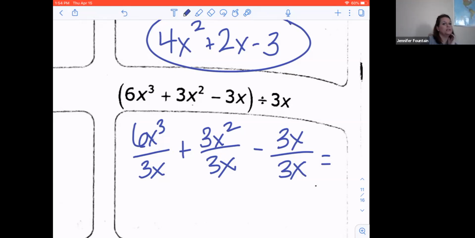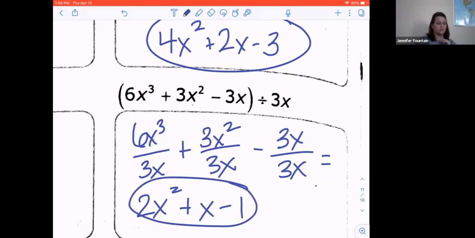All right, so what do you find 6x cubed divided by 3x is? 6 divided by 3 is 2. X cubed divided by x is x squared, plus 3x squared divided by 3x. 3 divided by 3 is 1. X squared divided by x is x. Minus 3x divided by 3x. 3x divided by 3x is 1.